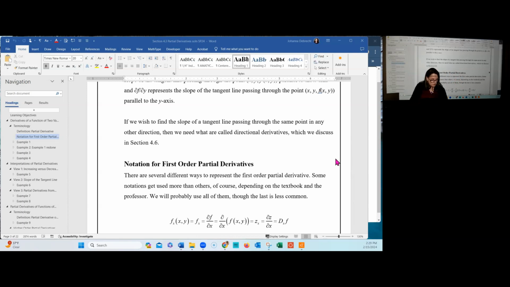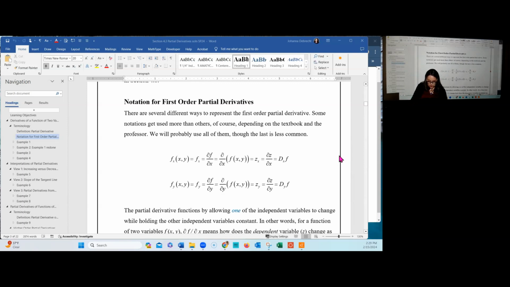Now, there are different notations that we can use for the partial derivatives. Let's take a look at some of the more common notations. You'll notice that this first notation gives the function name, f, and a subscript of the variable x, below and to the right, sort of like we write the base of a natural log or a logarithm.